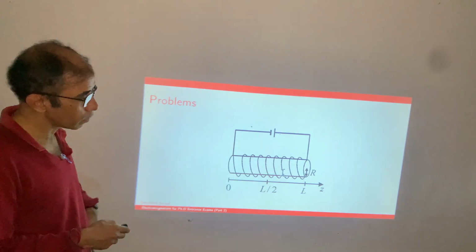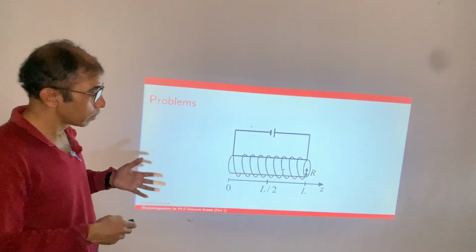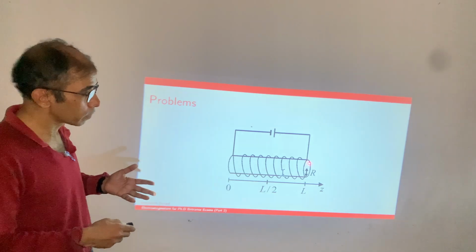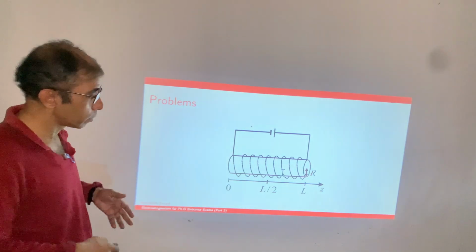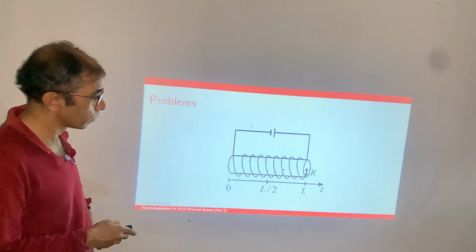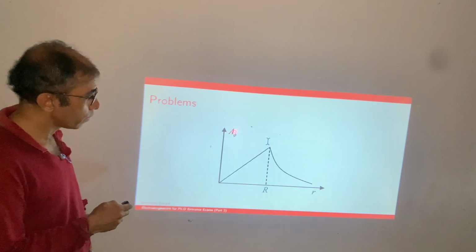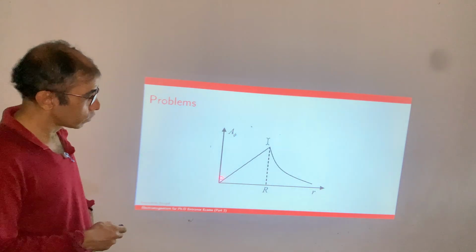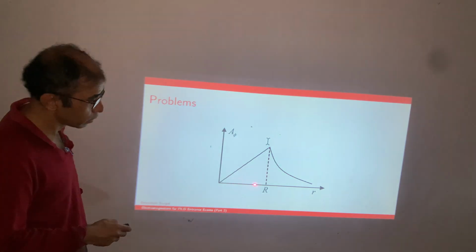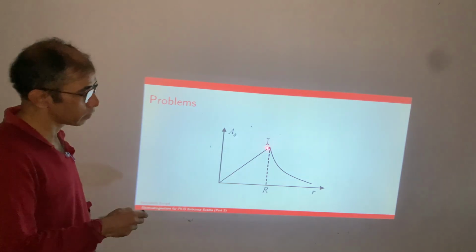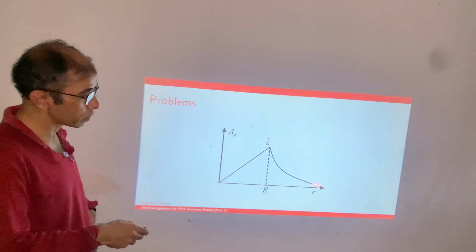L by 2 means you are well within the solenoid, and the end effects are negligible. So basically the field is uniform here, and this is A phi and this is R. So you have to justify that this graph is correct.